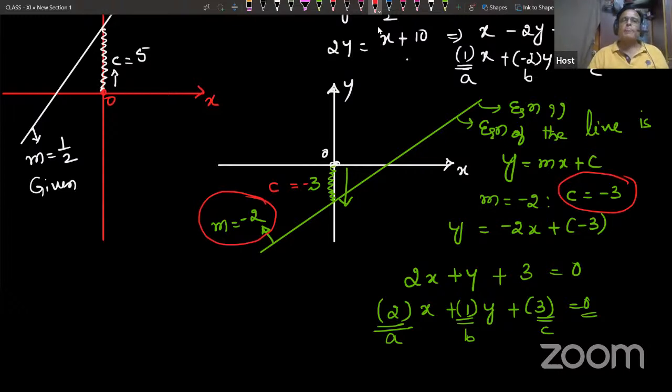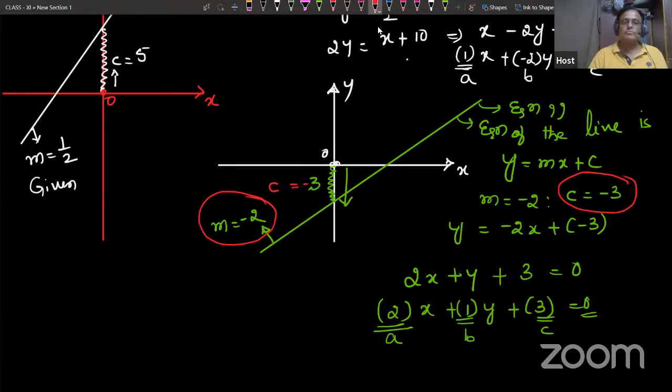Whenever slope and y-intercept are given, to find the equation of the line, the formula is y is equal to the given slope times x plus the given y-intercept. If the y-intercept is on the positive y-axis, you take it as plus. If the y-intercept falls on the negative y-axis, you take the c value as negative.